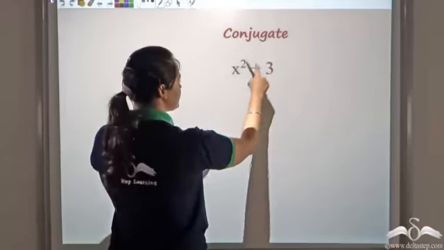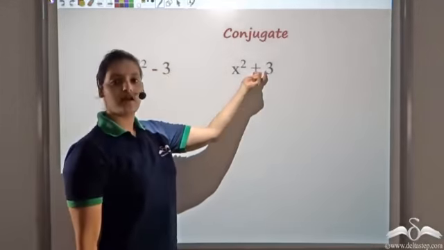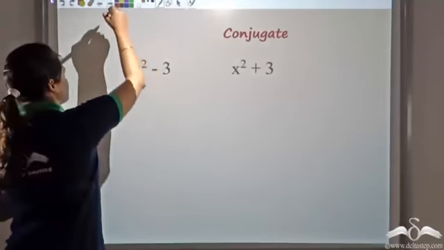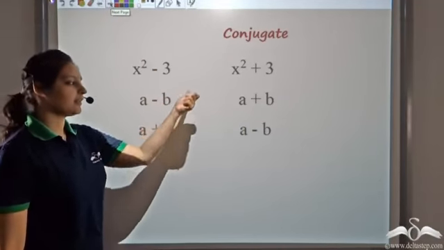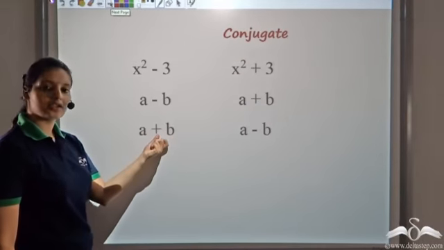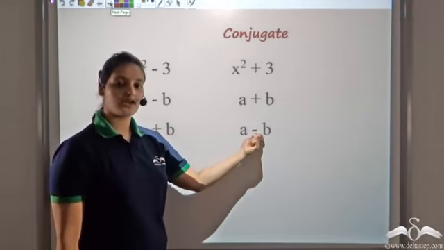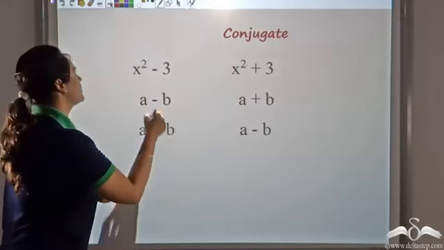The conjugate means that the terms remain the same but the sign in the middle changes. It becomes an addition sign here. Similarly, if I have two terms separated by an addition sign, then that sign in the center changes and becomes a subtraction sign. That is what conjugate is.